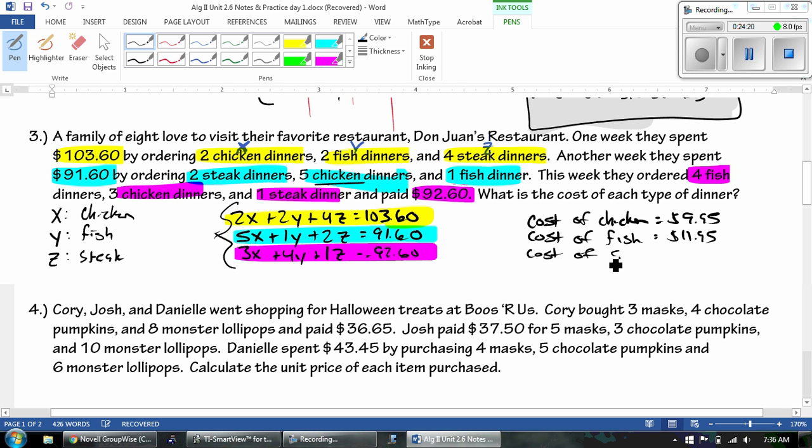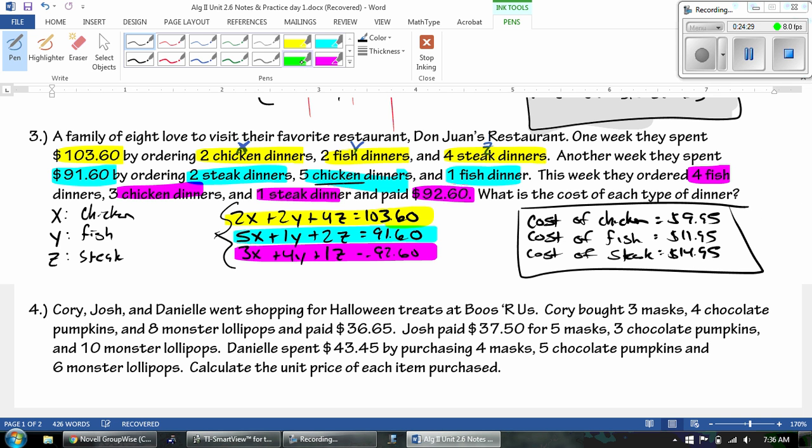And the cost of the steak was $14.95. And the biggest mistakes that we're going to see here is when you don't line up your variables properly. Okay? So always make sure you check to see what the order of everything is.